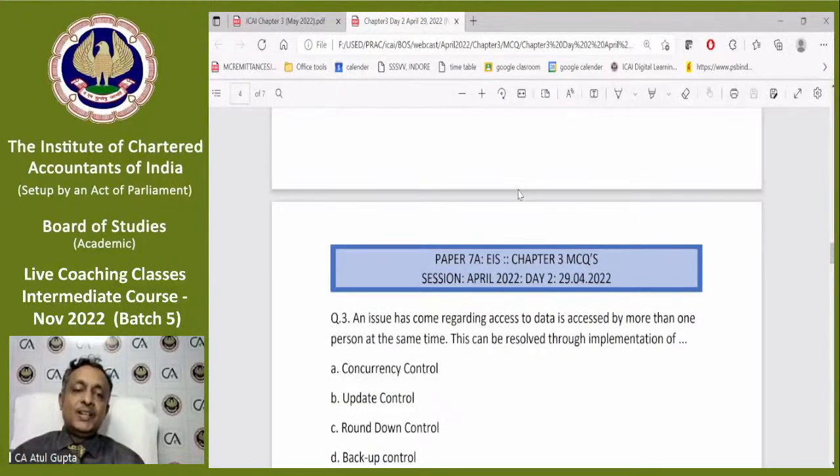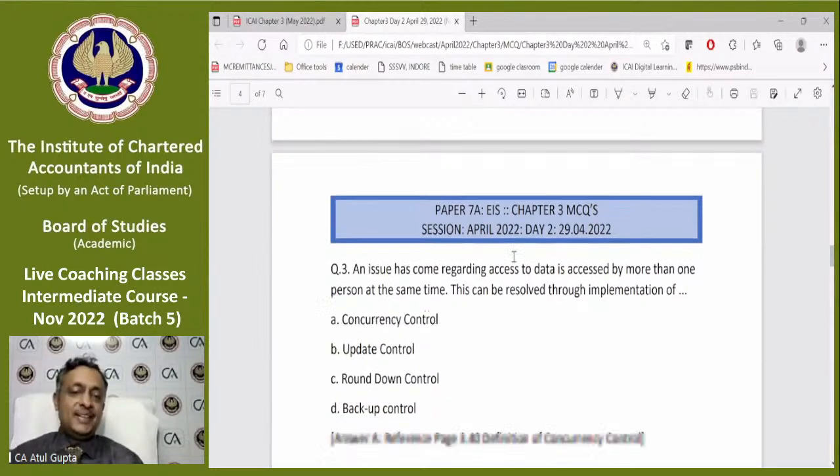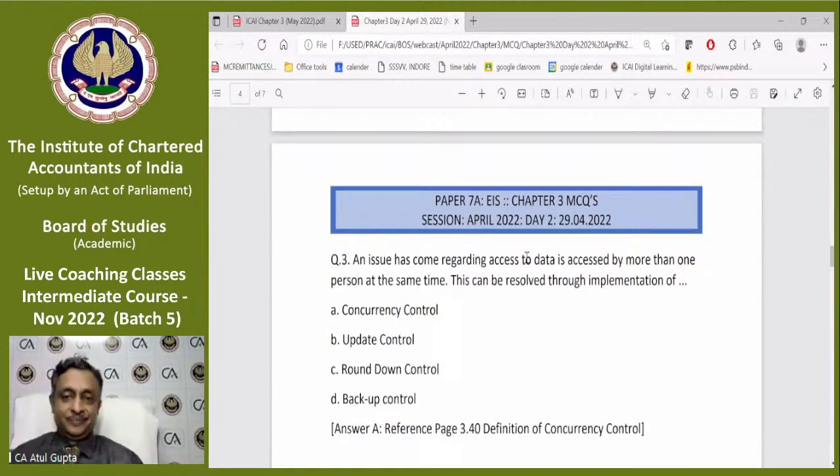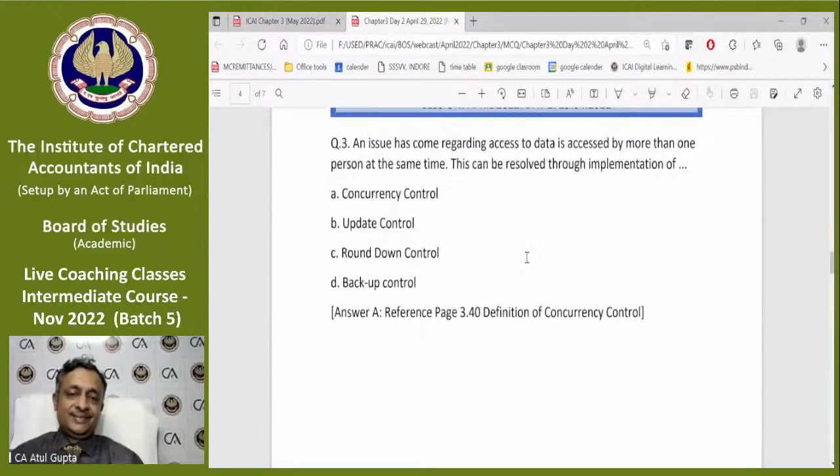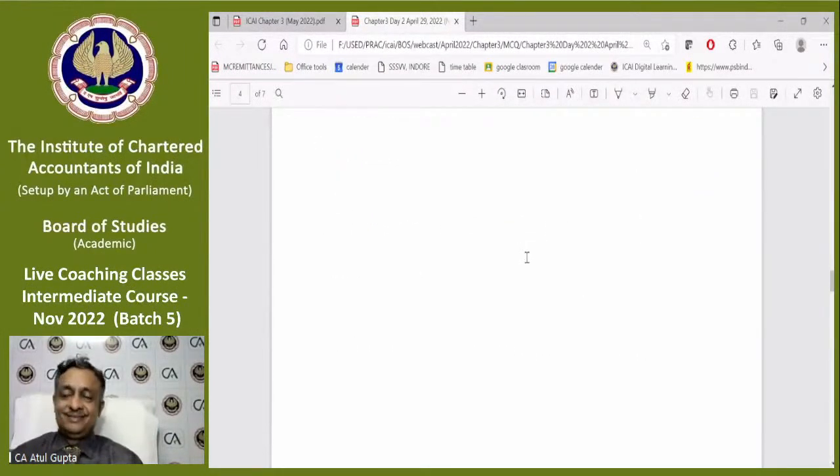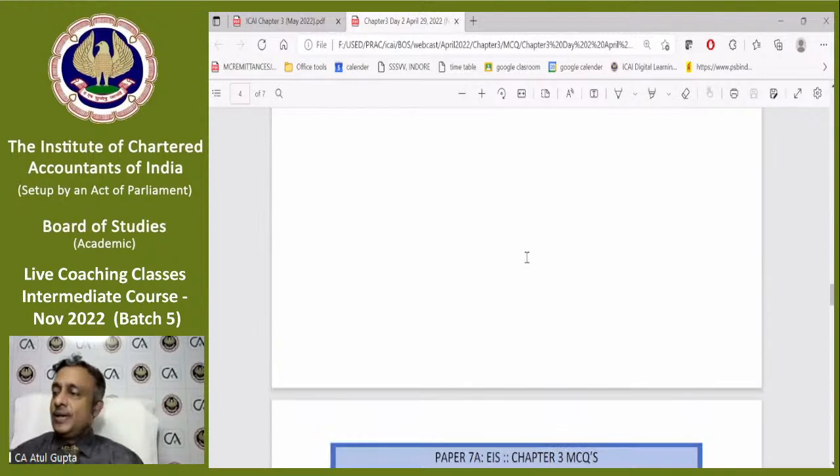If it is accessed by more than one person at the same time, this can be resolved through implementation of. So we have one answer, so I'll have to scroll it down. Yes, A is the correct answer. Good. So Sonika had the correct answer.